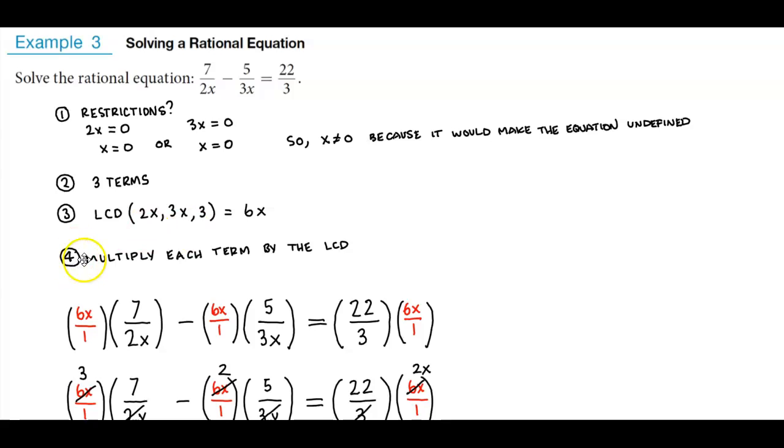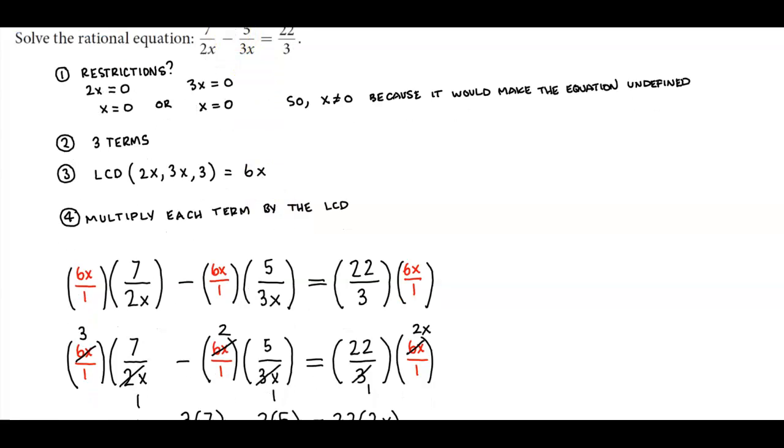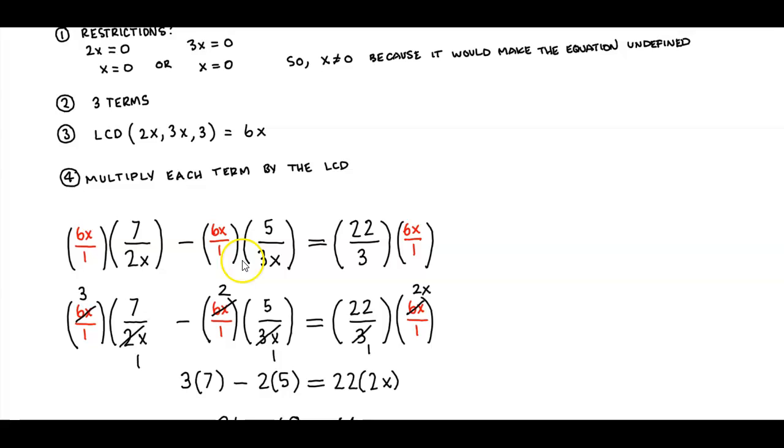In step 4, what we want to do is multiply each term by the LCD that we had found. So we take our original equation, which is 7/2x minus 5/3x equals 22/3, and then we multiply it by the LCD, the LCD being 6x/1, and we're multiplying that by each term.